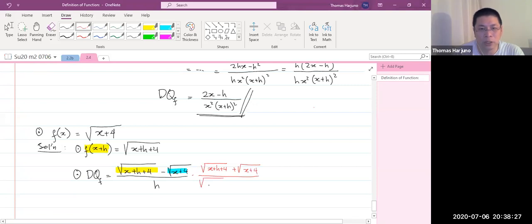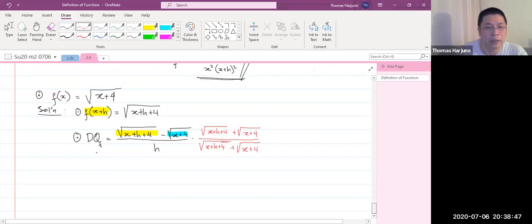Now you will see that in this case, our final answer has a radical at the bottom, but that's okay. For the difference quotient, it is okay to have a radical at the bottom, as long as when h becomes 0, it doesn't give us 0 over 0. Now the purpose of multiplying by the conjugate is so that we can use difference of squares for the numerator.